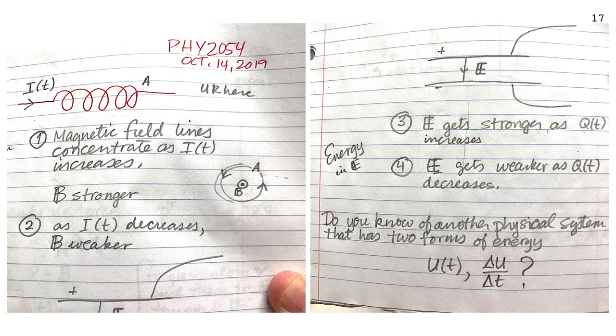Now, if the positive current is going in this direction, and let's say the current is a function of time, I of t, then the magnetic field lines inside concentrate as I of t increases.